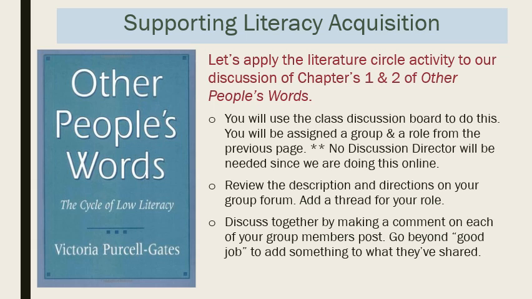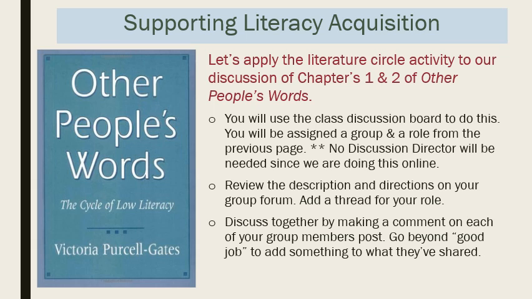Over the course of the week, go ahead and read the first 2 chapters. If you do not have a book, I have scanned and uploaded the first 2 chapters. On the left-hand side of our Blackboard, you're going to notice a tab labeled Other People's Words, and when you click in there, you'll see the first 2 chapters, so you'll have access to them if you don't actually have a text.